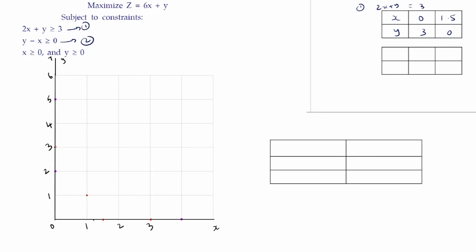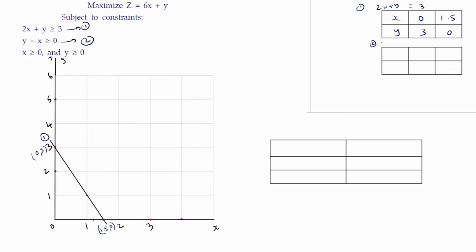So this is (0, 3) and this is (1.5, 0). Now let us draw a line joining these 2 points. So this is the line corresponding to 2x + y = 3. That is the first one. Moving on to the next line, y − x ≥ 0.